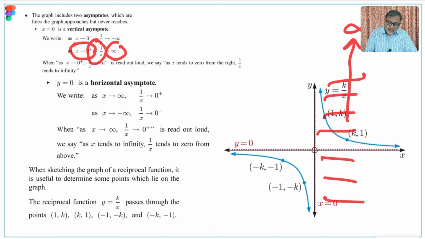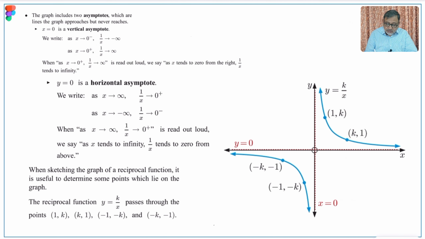So that decides your asymptote. Therefore the vertical asymptote will be x is equal to 0.